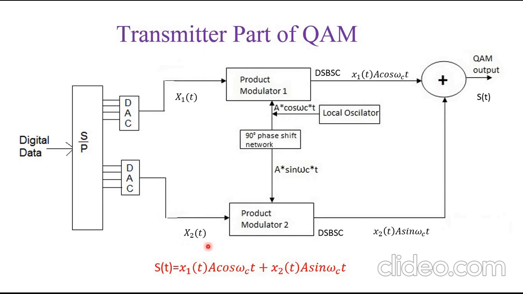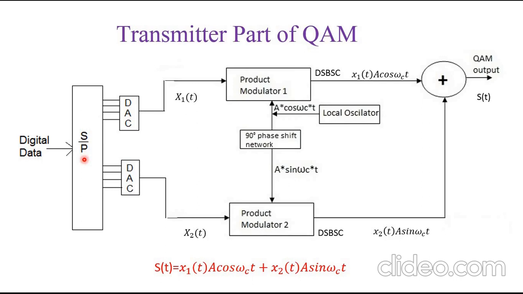We give that to the product modulator and do the same thing. So if we have digital data, then first we will convert it from serial to parallel.